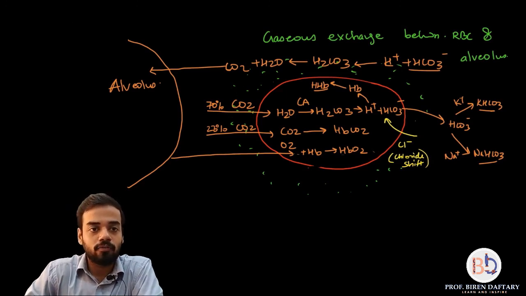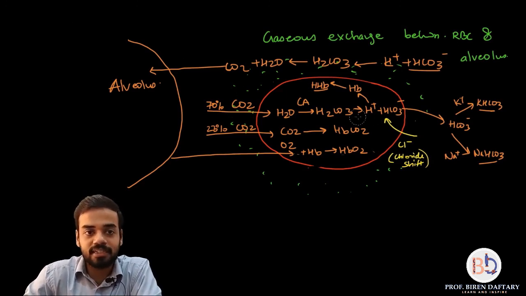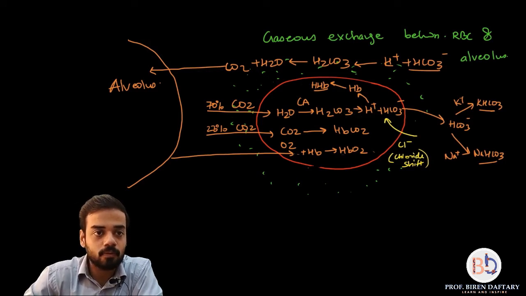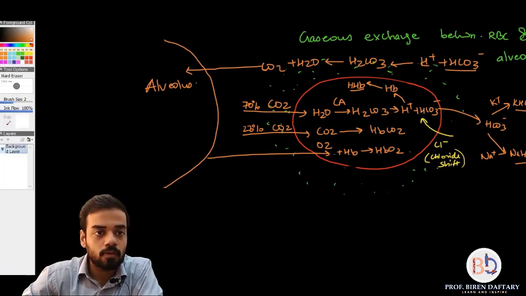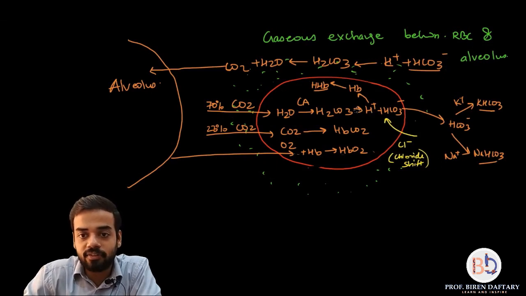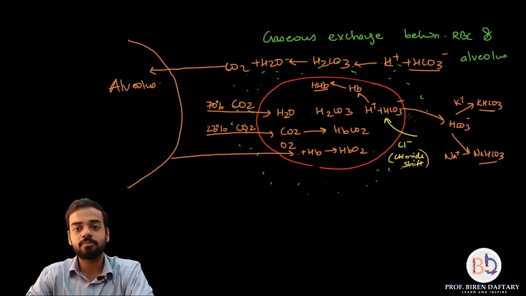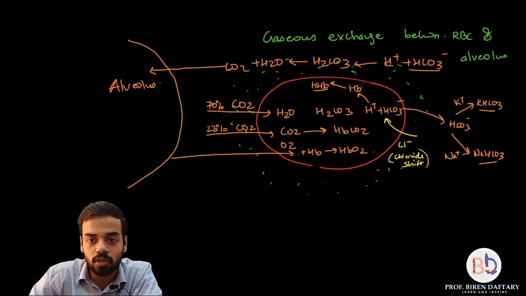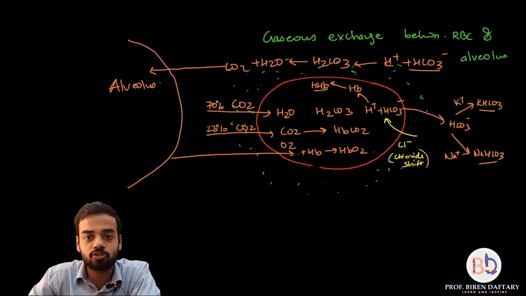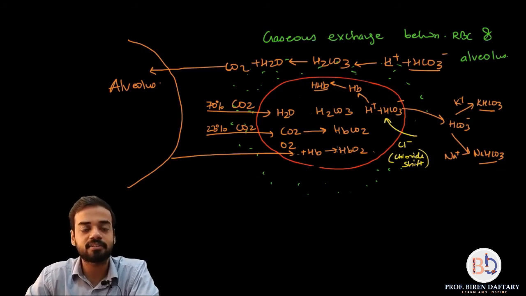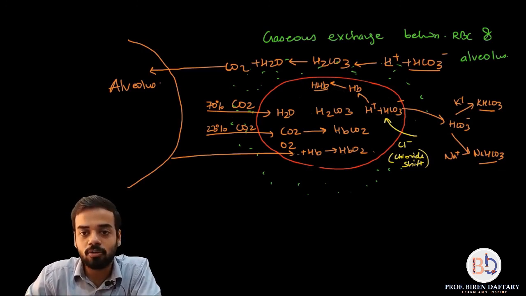So now first of all, these ions which are present inside, again we are going to reverse all the reactions. So H plus and HCO3 minus, please remember, all of them don't diffuse out, only extra ones diffuse out. So what happens is, as soon as this red blood cell comes near alveoli, the bond between H and HB breaks.